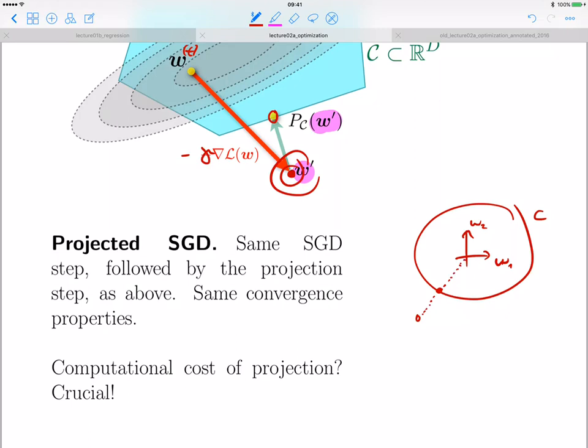There are some other shapes which are actually used, for example a box, which is also not too hard, just to give two examples. But don't forget about the computational cost.